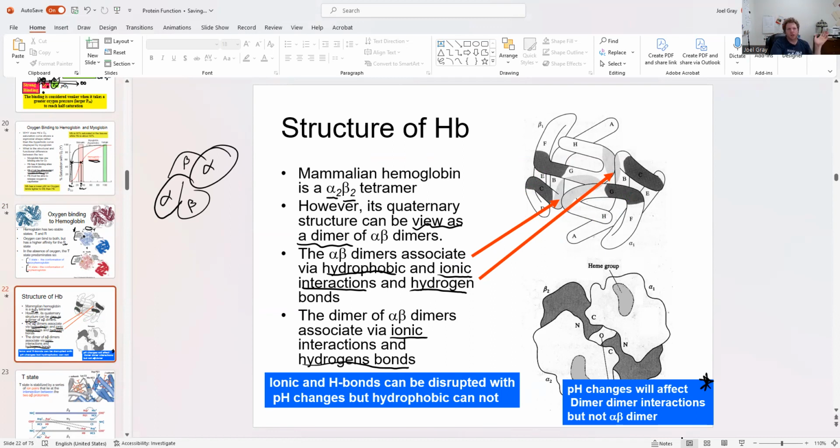If you change the pH, it goes up or down, what can happen is you'll end up with this alpha beta and this alpha beta. But these 2 subunits, because they're stabilized through hydrophobic interactions, are going to remain intact. I want you to understand and appreciate that detail.